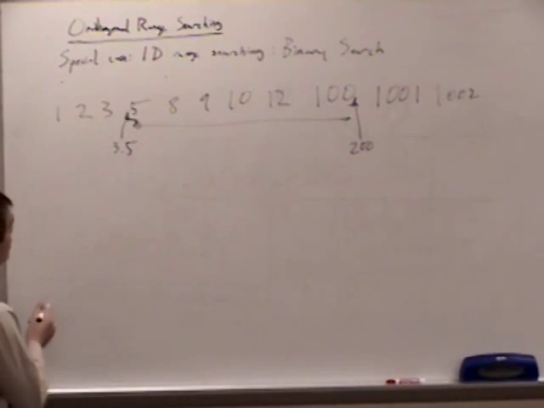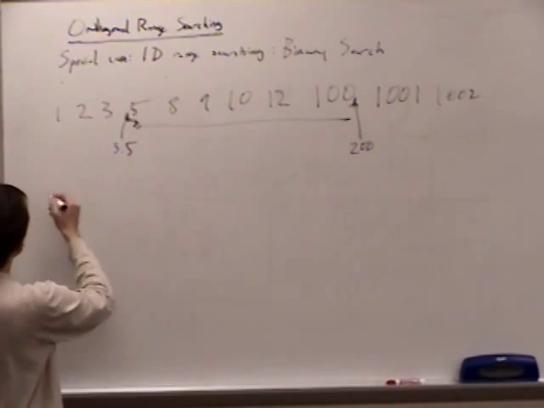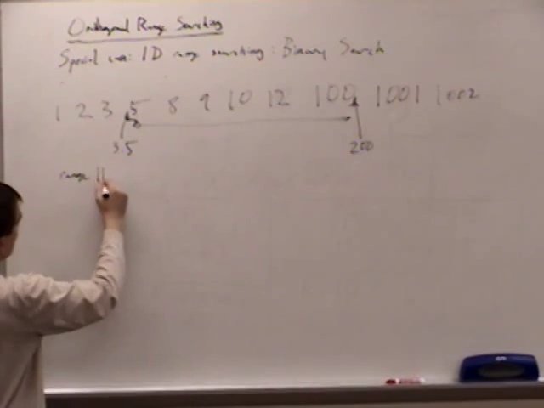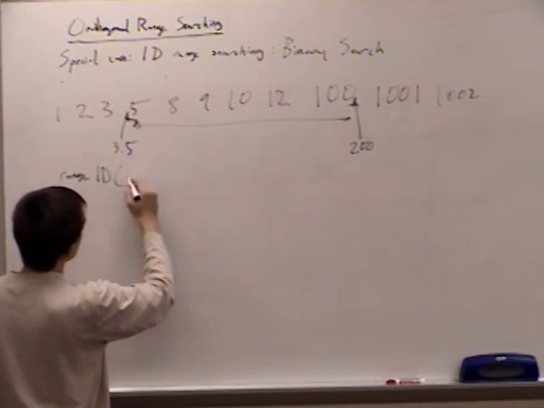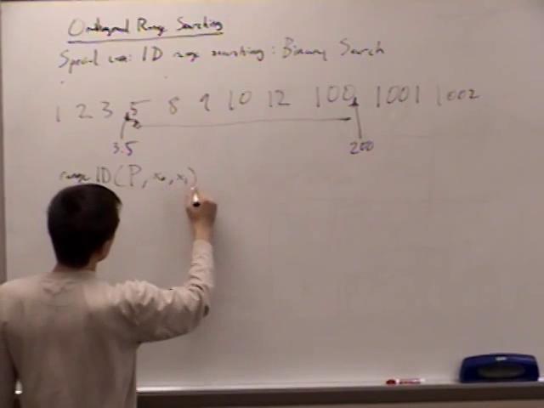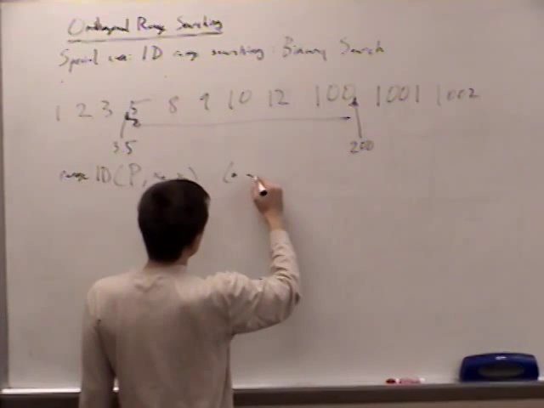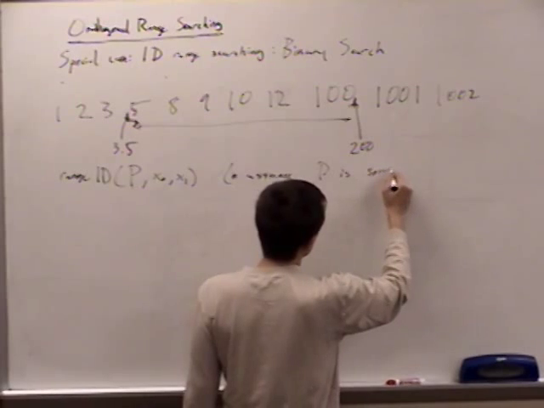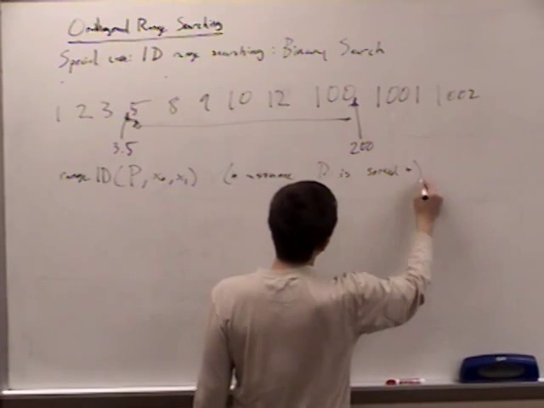So basically, what we need to do a range 1D for a sorted set, P, and then x0 and x1, assume P is sorted.